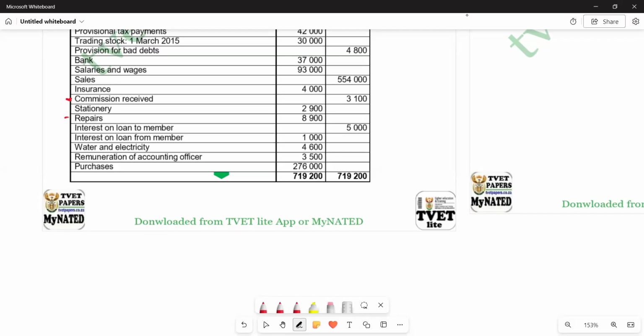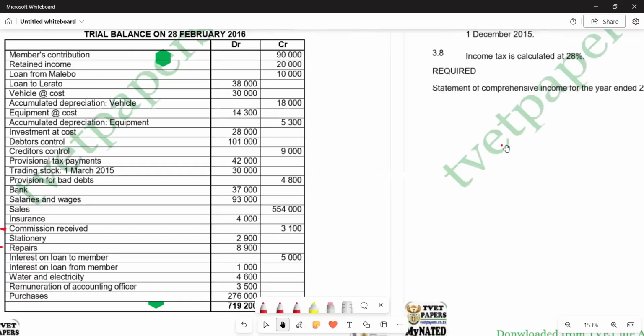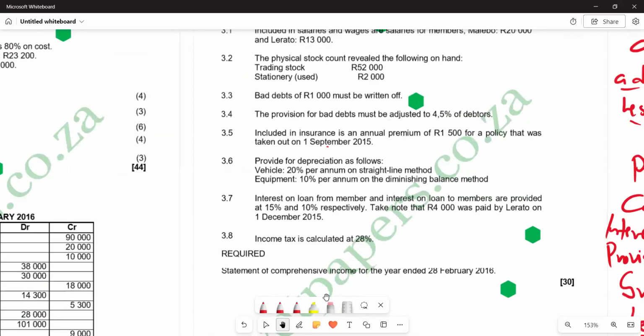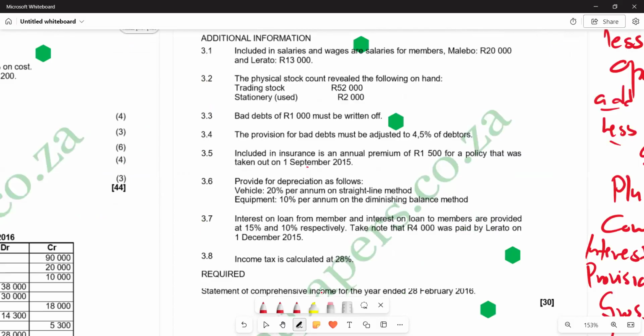So if we come on the trial balance, we have finished on repairs. After repairs, we've got interest on loan to member, which we adjusted under plus income. Then we've got interest on loan from member, 1,000. This was the interest on loan from member that was paid, but we need to go to additional information to see what we have in terms of interest on loan from member. Remember, the interest on loan from member is going to be an expense, and we are told that it is 15%.